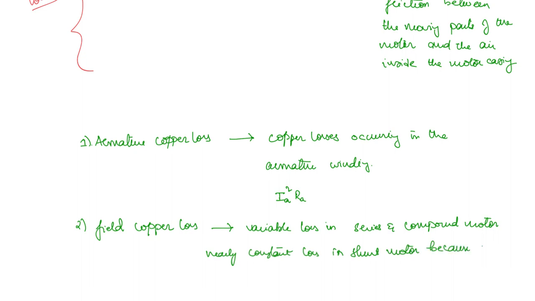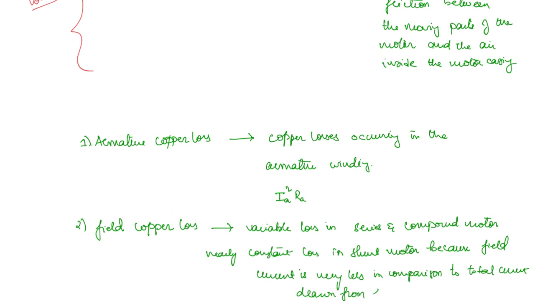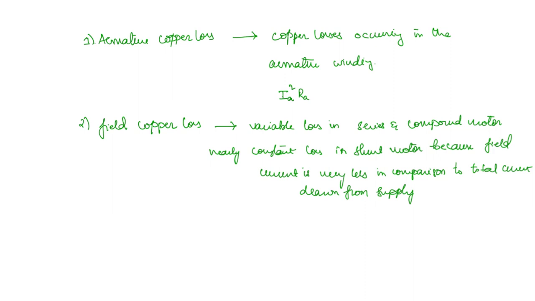Because field current is very less in comparison to total current drawn from supply. What will be the expression for field copper losses? Just like IA square RA, this is going to be IF square RF, field current square into the resistance of the field winding.